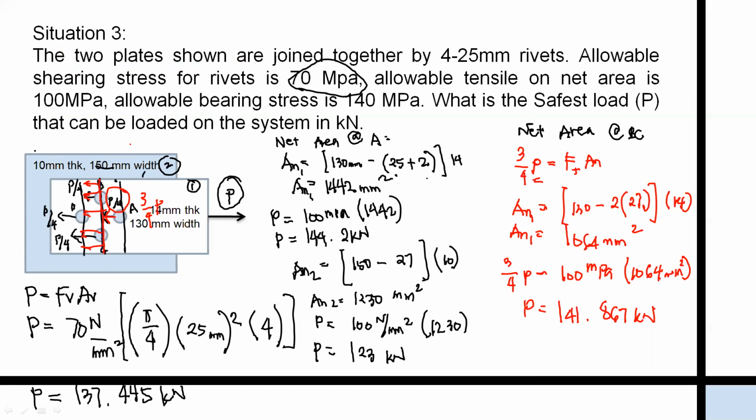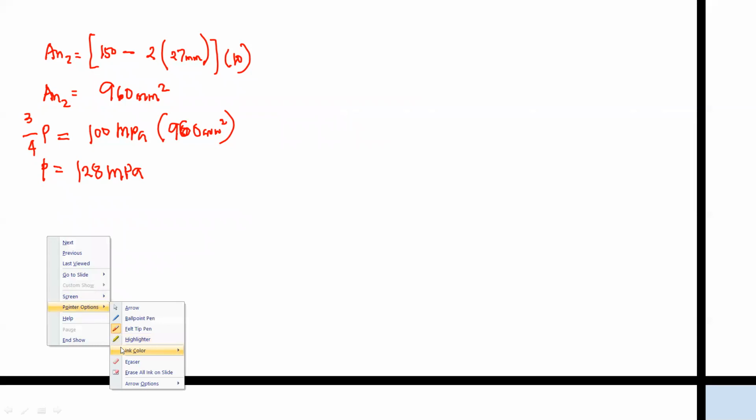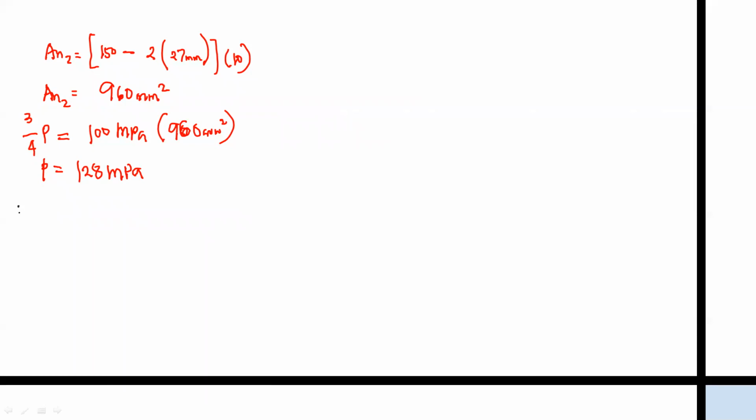Okay, we also can consider the allowable tensile on net area at point or bolt D. So we have net area at D. At D, yung ating P, so na-resist na siya ng tatlo na may 1/4 of P na capacity.